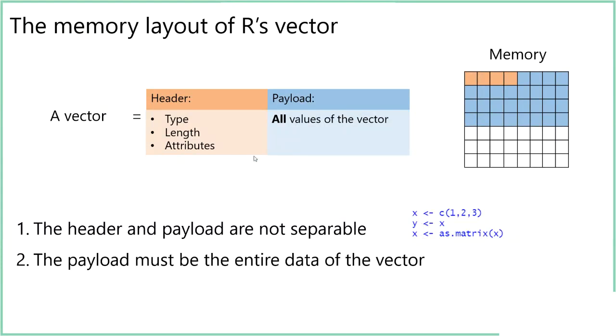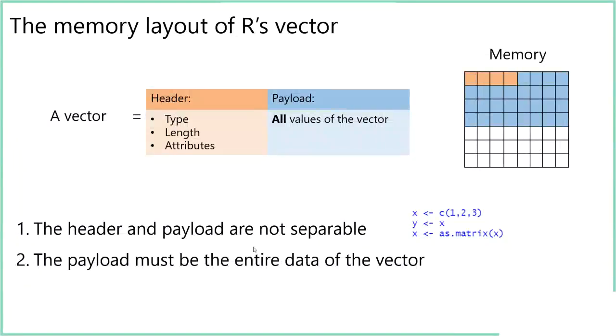Here we clearly have some room for optimization, because x and y share the same payload, and the payload is not going to change when we set the attributes. Ideally, we can just copy the header and let them share the same payload in memory, so that we save the time of duplicating the payload.